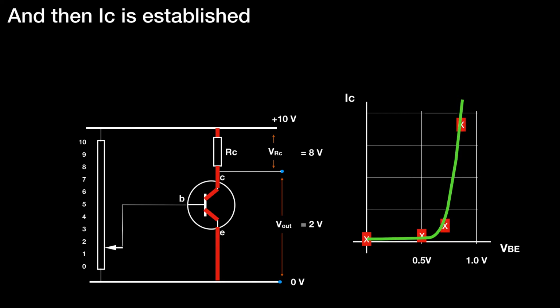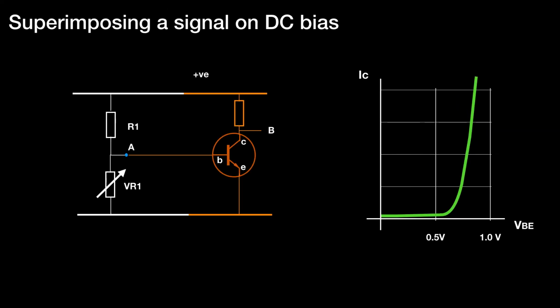Let's have a look at that circuit again, drawn slightly differently. This time we've drawn a potential divider with a fixed resistor R1 and a variable resistor VR1, and that is providing bias for the base.